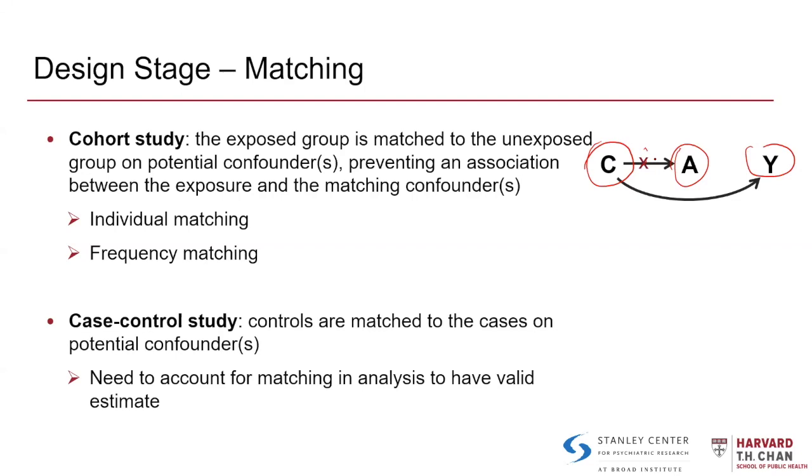As I mentioned, matching in case control studies could be a little more complicated than in cohort studies, but controls could be matched to cases on potential confounders. One caveat though: if you do matching in case control studies, one needs to take matching into account in the analysis to have valid estimates.